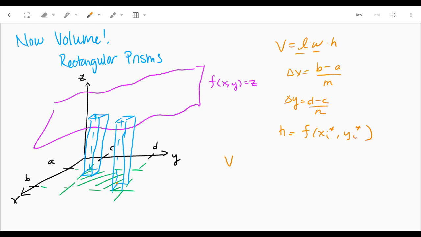Maybe it's that corner on every single one, maybe it's the middle on every single one. It's not really going to matter because we're going to take a limit, but the volume of one rectangular prism would be delta x times delta y times the height.